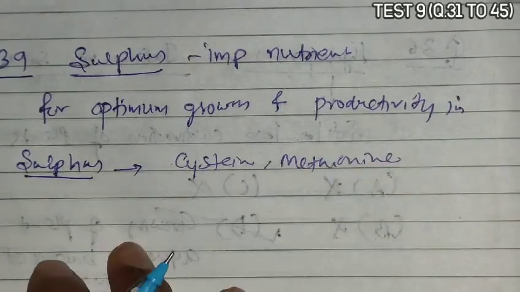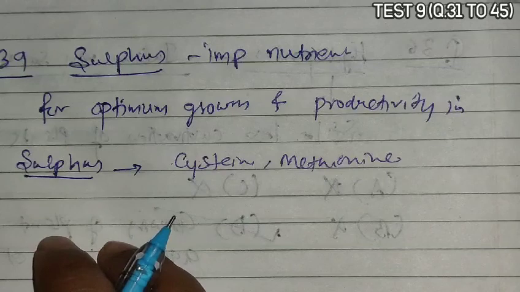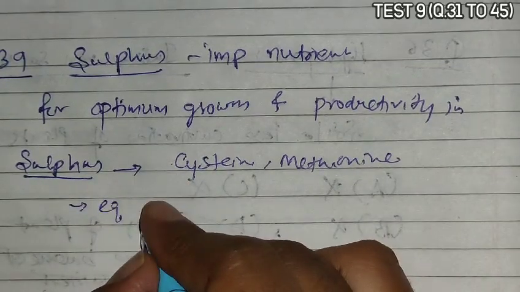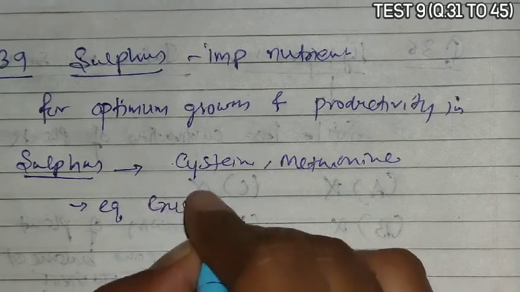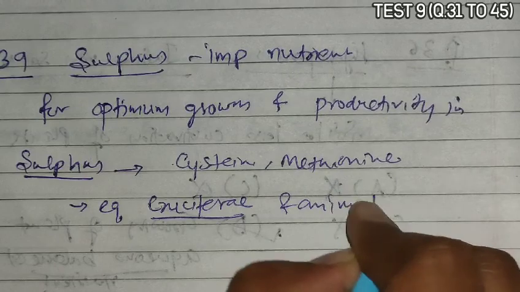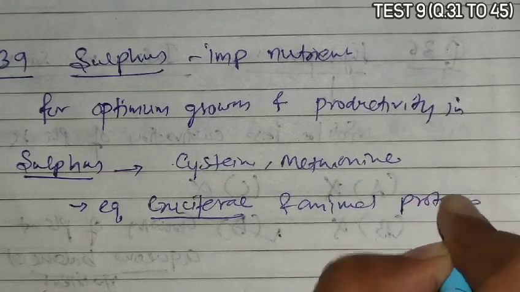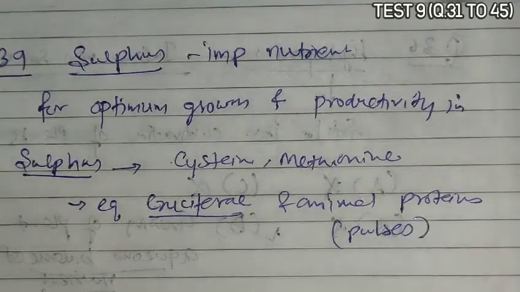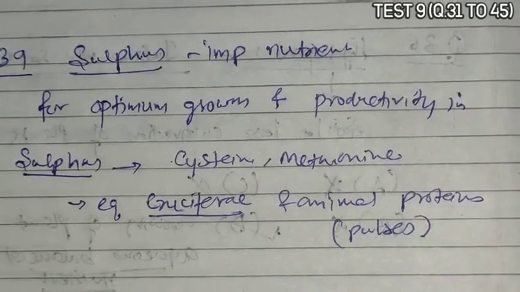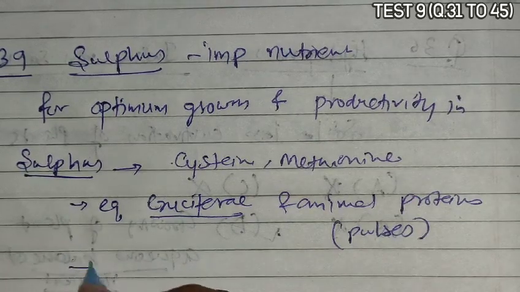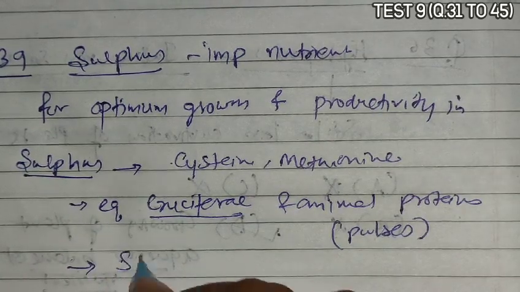Now members of cruciferous plants and animal proteins are rich sources of sulfur. Examples are cruciferous plants, animal protein, and pulses. Plants absorb sulfur in the form of sulfate ion.